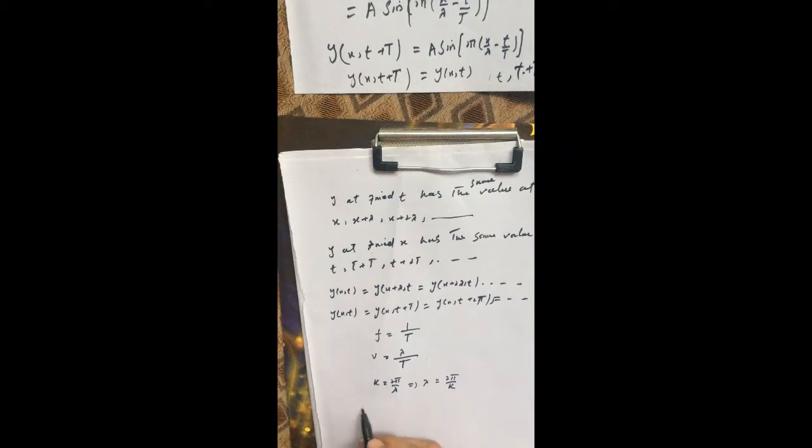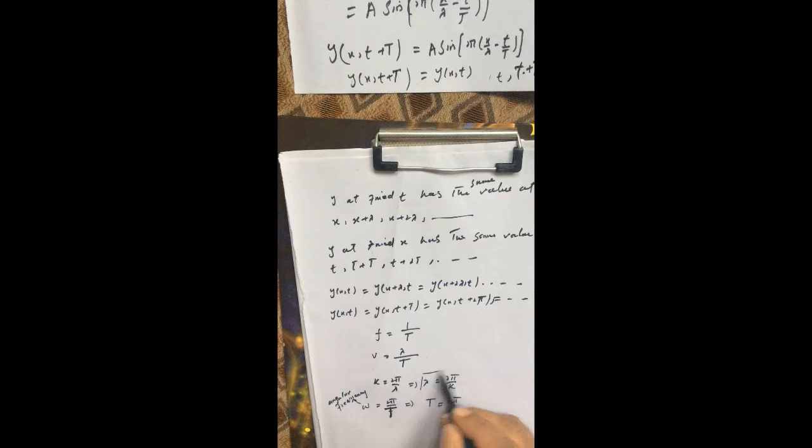And similarly the angular frequency omega is equal to 2 pi over T, sorry, not f, 2 pi over T. This implies that the time period will be equal to 2 pi over omega.